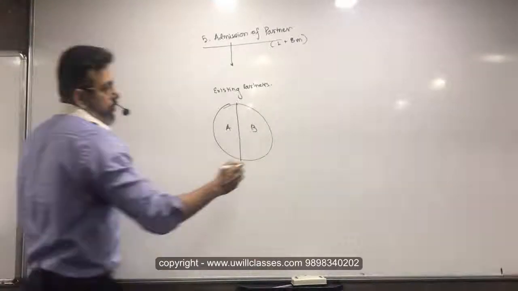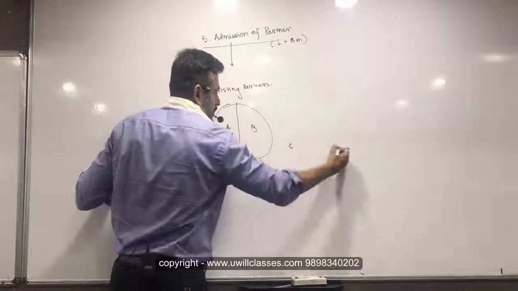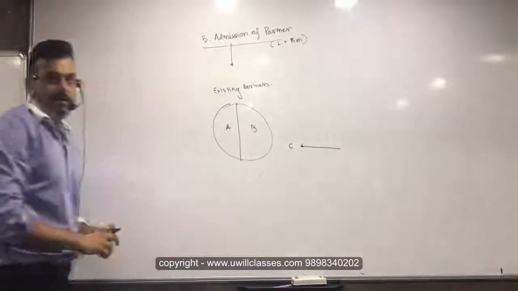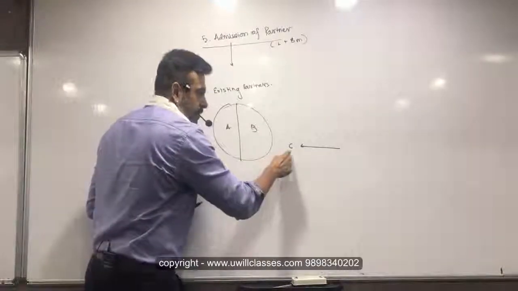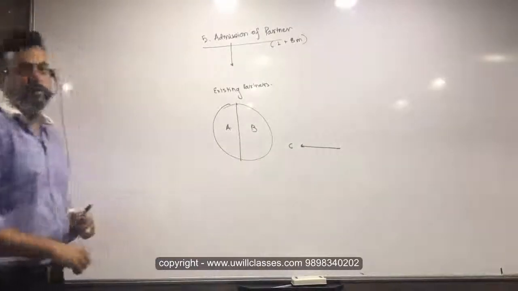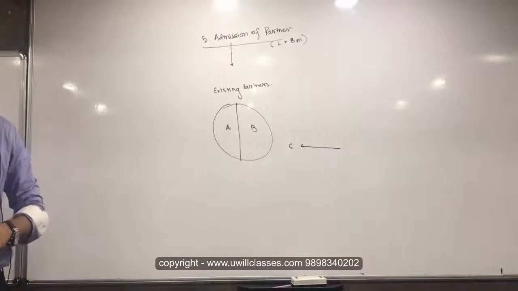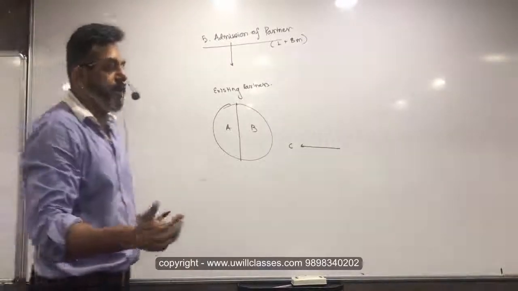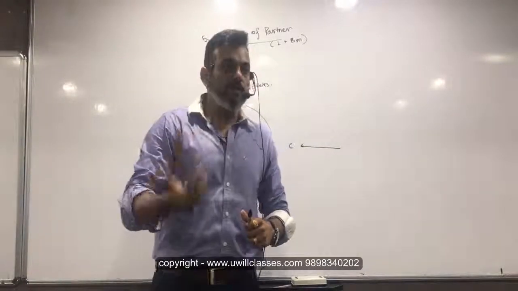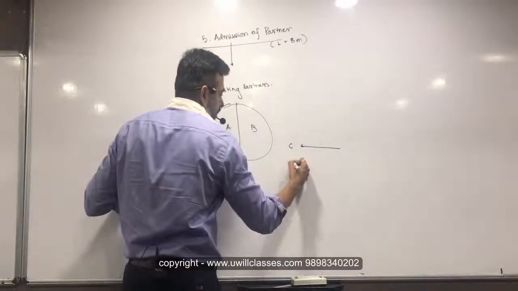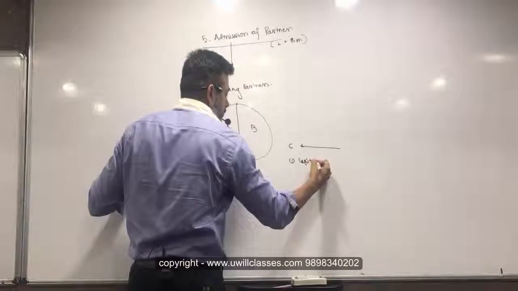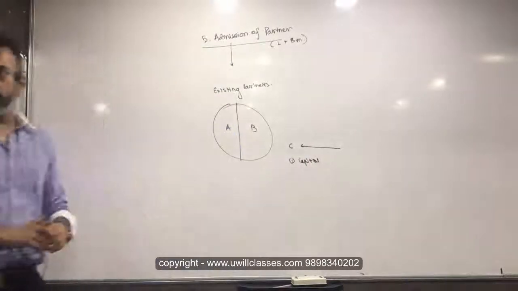Now, they want to take a partner C in this partnership. Now, ये C से what they are going to demand if they want C to become a partner? If you want to become a partner in a firm, what should you bring? Yes, very important. C has to bring capital.